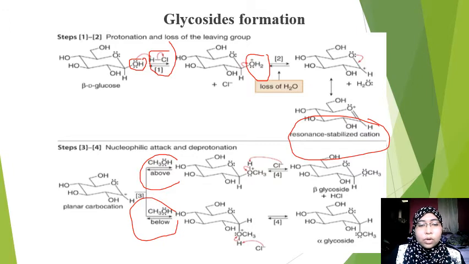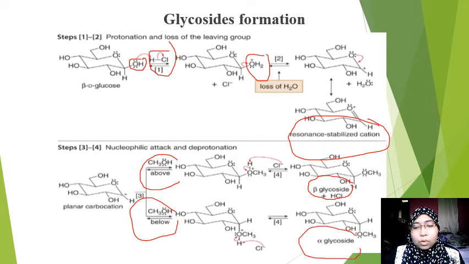If the nucleophilic attack occurs from above and deprotonation occurs after that, it will form beta glycoside, and if nucleophilic attack is from below and followed by deprotonation, the product formed is the alpha glycoside.